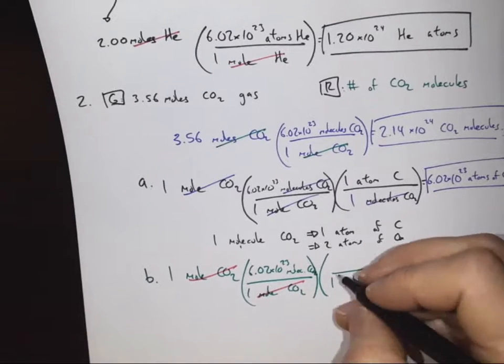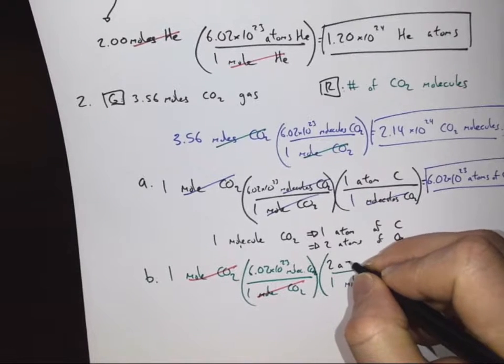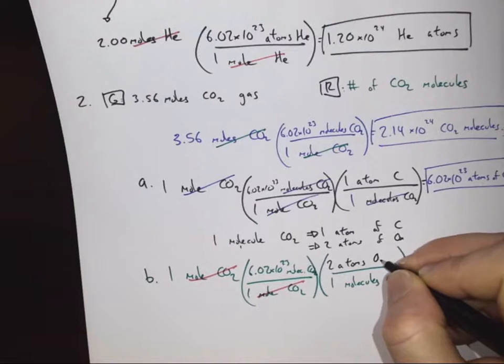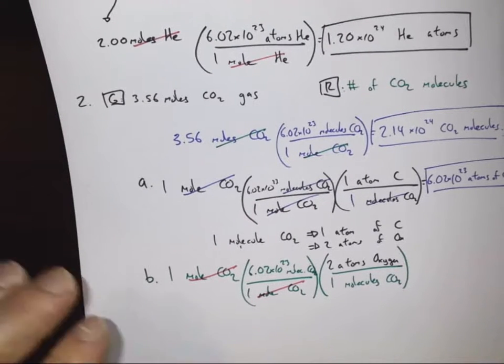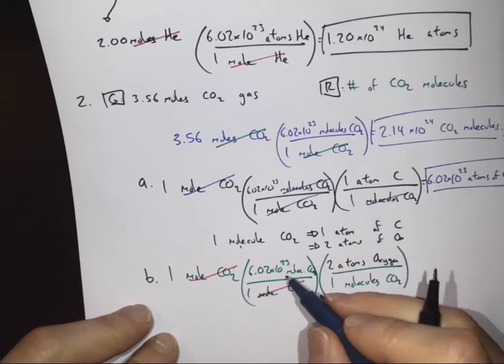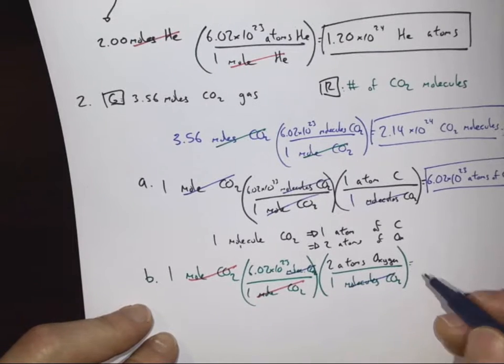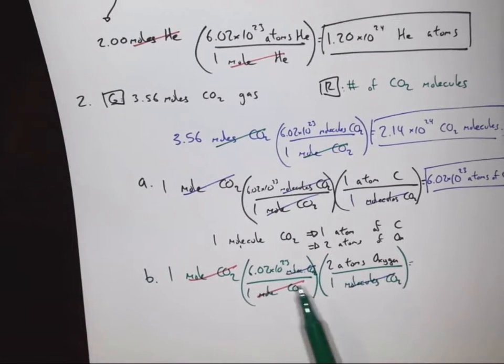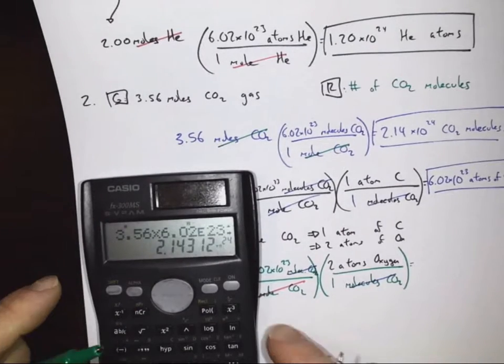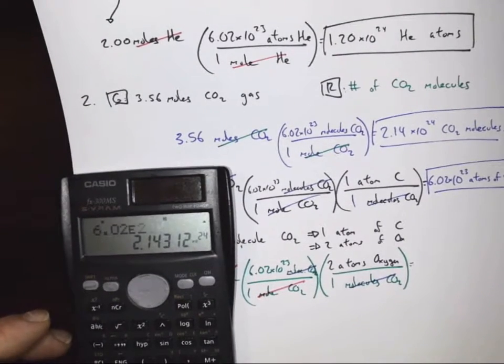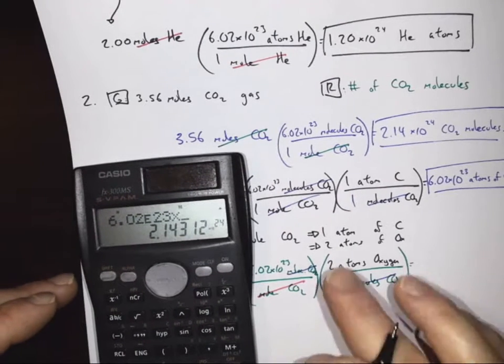So then I put 2 atoms of oxygen up here, and then these molecules of carbon dioxide end up canceling out diagonally. And here you can see the really only operation to put in the calculator is our Avogadro's number, 6.02 times 10 to the 23 times 2.